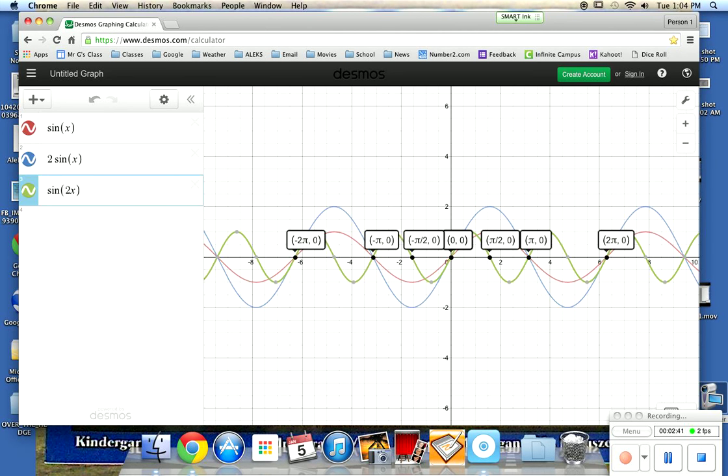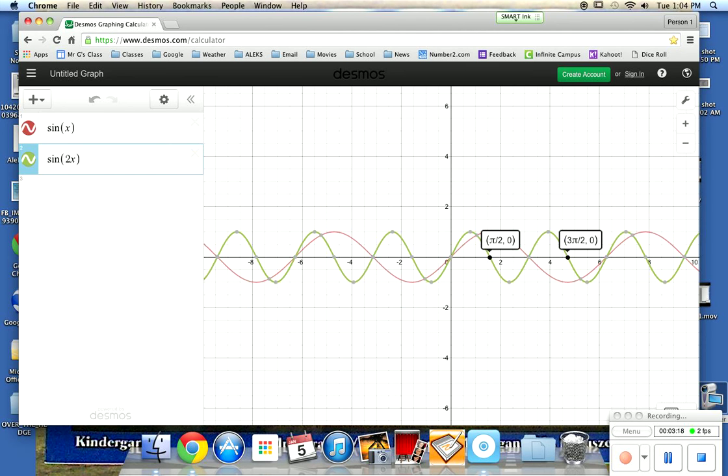It just took this period. The period here was actually 2 pi, and it shifted down to pi. Or if you want to look at it from 0 to 360, let's turn these off so we don't have a mess.